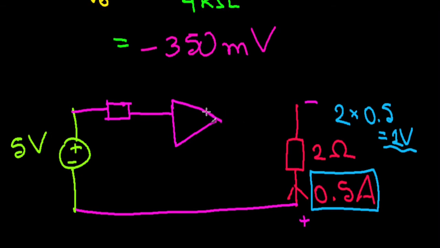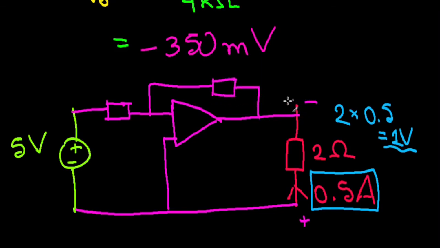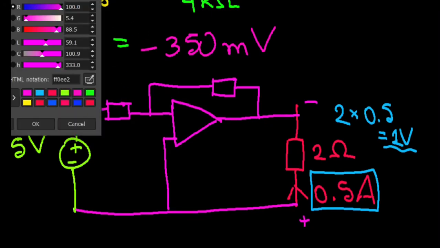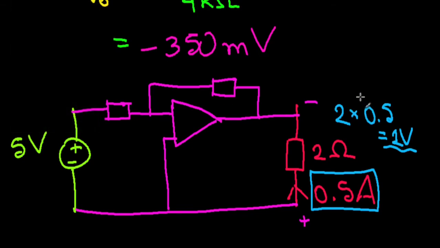So we have this, and I could even connect it here, but anyways, the thing is, we just don't know the resistances yet. And for that, we do know the output voltage, right?